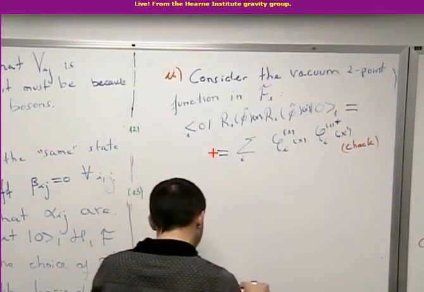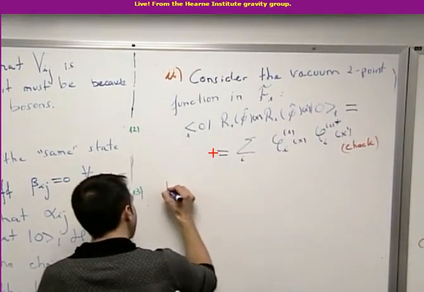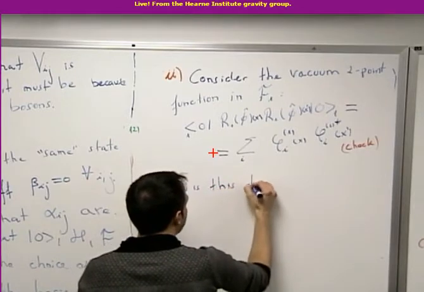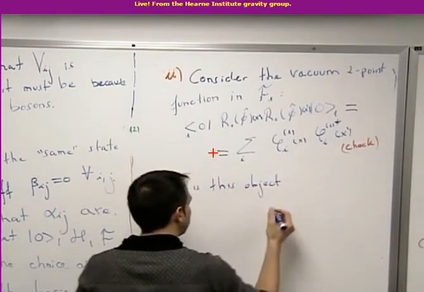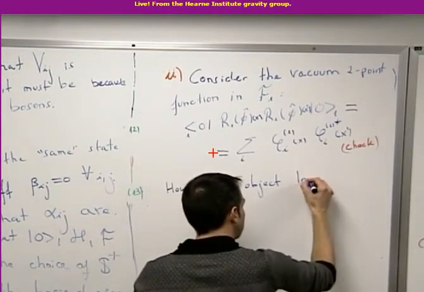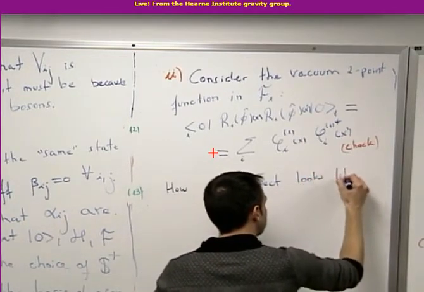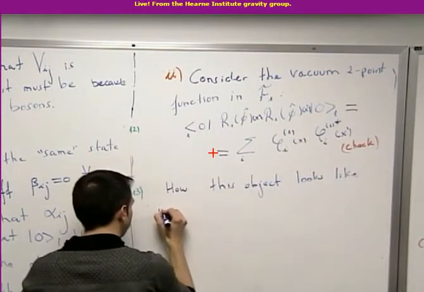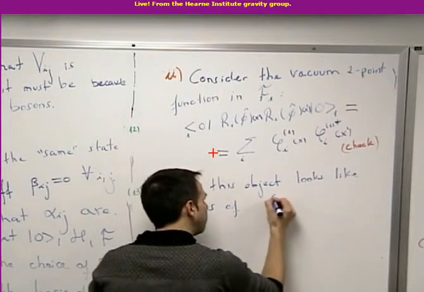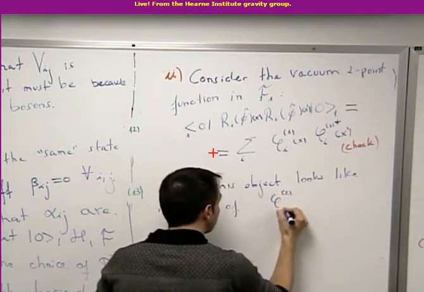And the question is, how does this object look in terms of the basis phi 2?